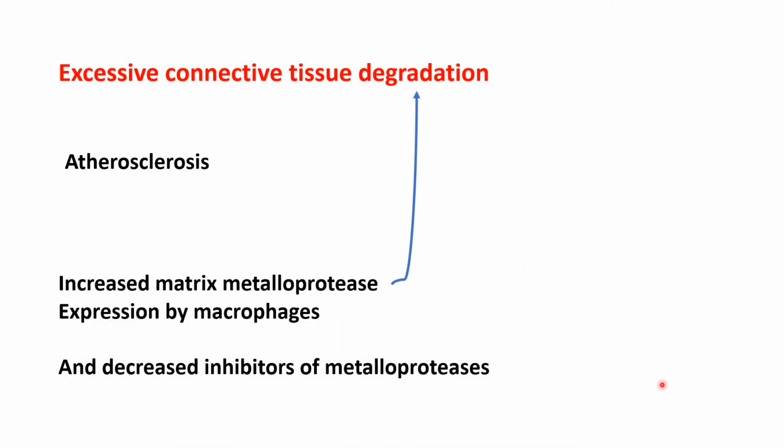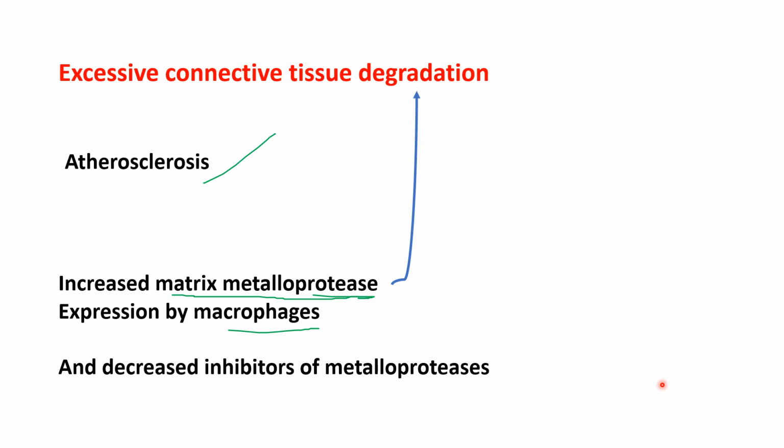We saw that the previous three factors contributed to defective connective tissue synthesis. Now, atherosclerosis is going to contribute to excessive connective tissue degradation. We know that atherosclerosis has a lot of macrophages, also called foamy macrophages or LDL containing macrophages. So these macrophages will increase the expression of matrix metalloprotease, that is the proteases or the enzymes that degrade the proteins in the extracellular matrix.